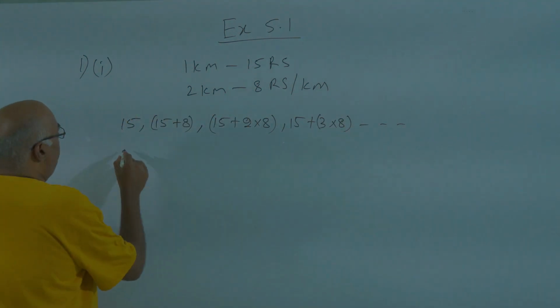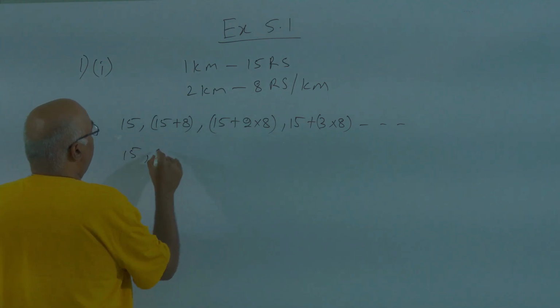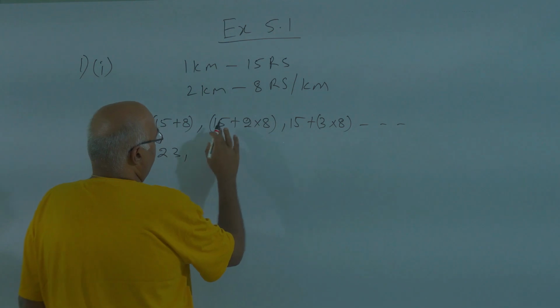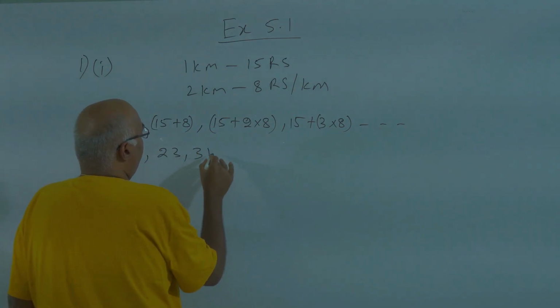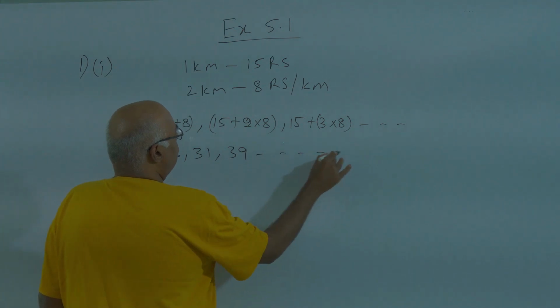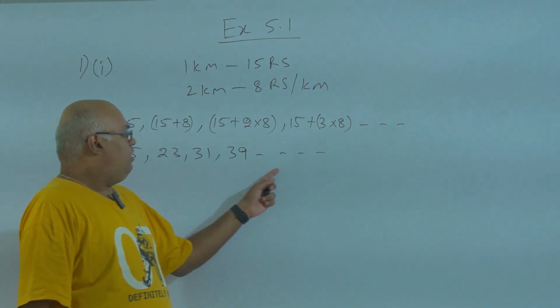So this is 15, 15 plus 8 is 23, 2 into 8 is 16, 16 plus 15 is 31, 39, and so on. So this is the required taxi fare.